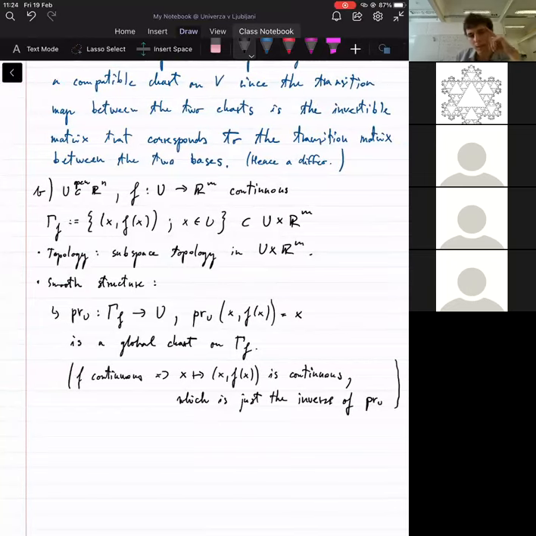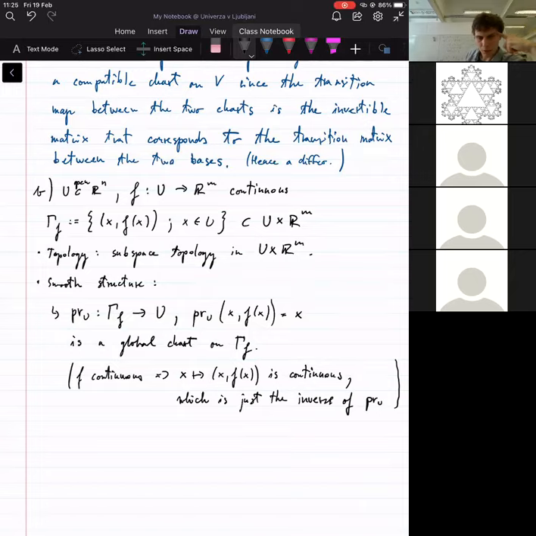Okay. Well, what about smoothness? Isn't smoothness just continuity? Did I misunderstand something? Yeah, well, smoothness, the additional assumption to a topological manifold, for it to be a smooth manifold, is that the transition maps are smooth, right?